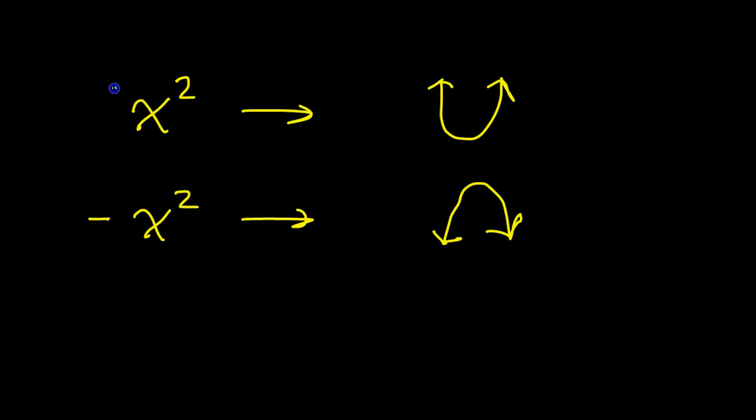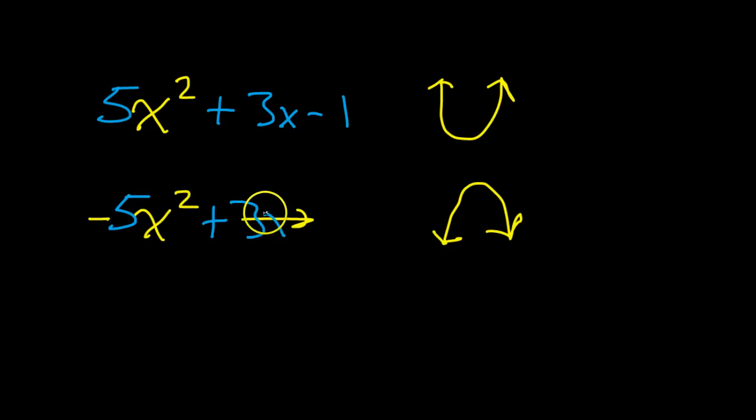For example, if this was, let's say, 5x squared, it's still going to have the same basic shape. It doesn't matter if it's 5x squared plus 3x minus 1. All that matters is the x squared being the highest power.